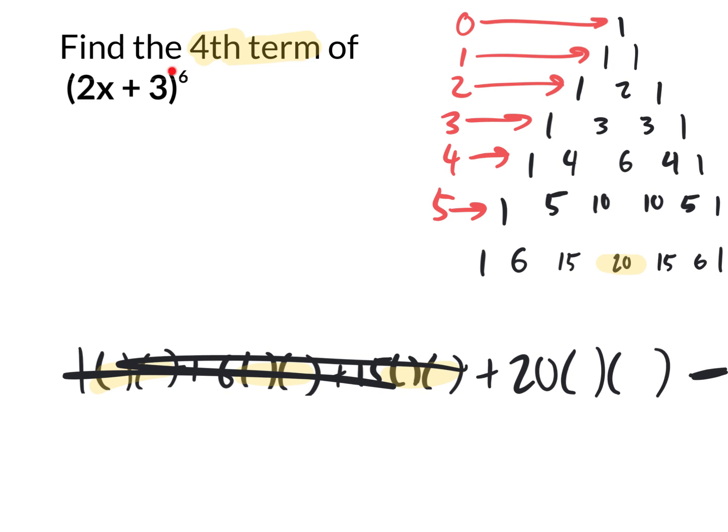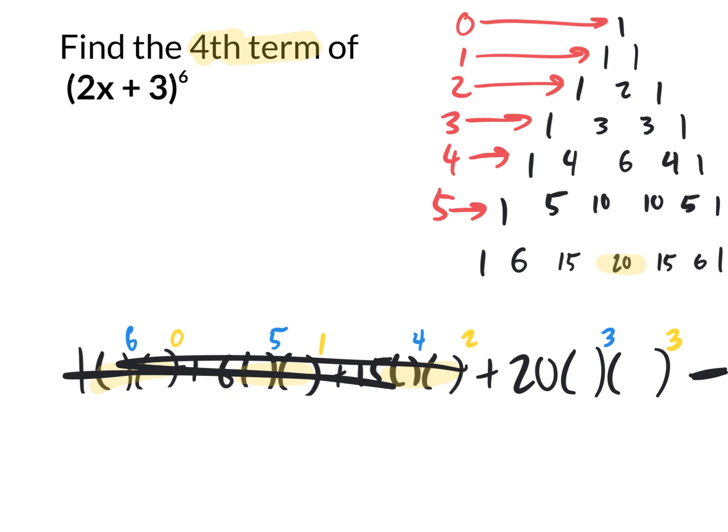Because if it was the 6th power, you would need to know that this first parenthesis has the power of 6, and then it drops to 5, then it drops to 4, then on this, the term that we actually want, it drops to 3, correct? And the second parenthesis, it should have started with 0, and then it increases to 1, increases to 2, increases to 3. So I don't have to worry about anything else before this or after this. They only want the 4th term, so we just need to figure this out.